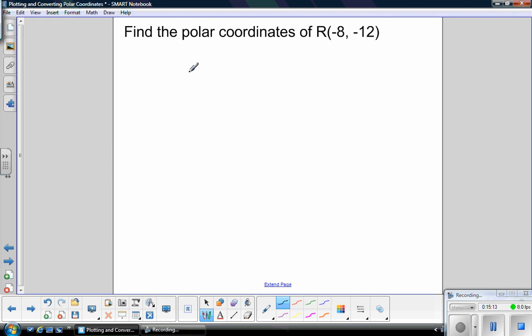Next example, find the polar coordinates for this point. We're in quadrant 3, so this one's going to be a little bit more challenging. Okay, I just want to plot the point because I think that that's going to help us in finding everything we need to find. So we need to find the length of that radius.